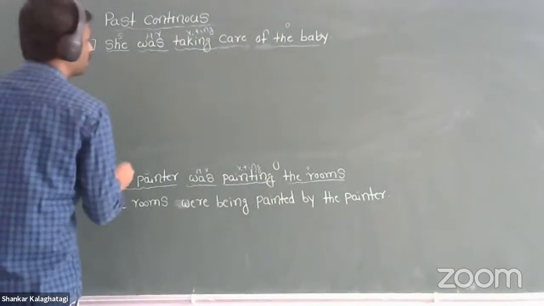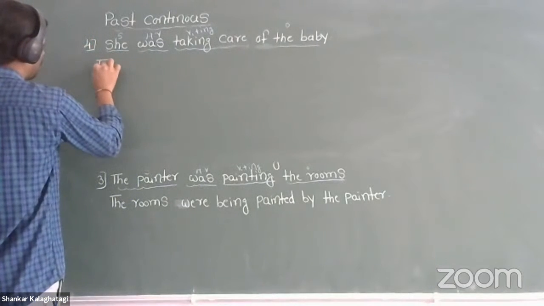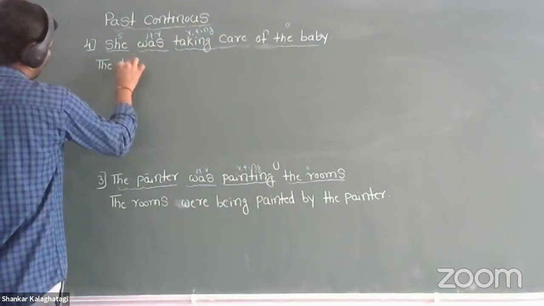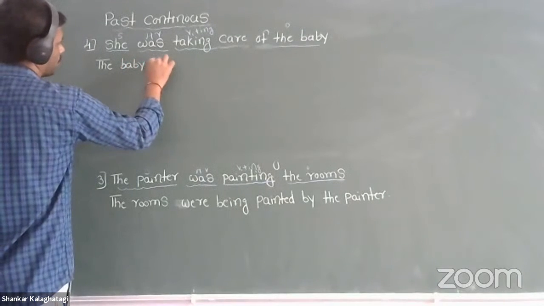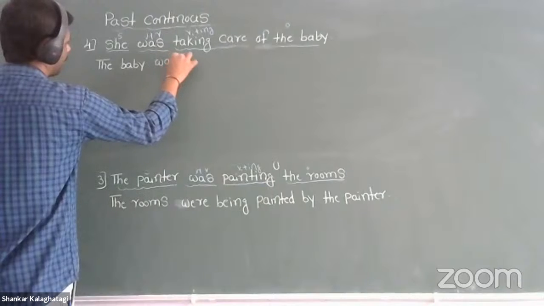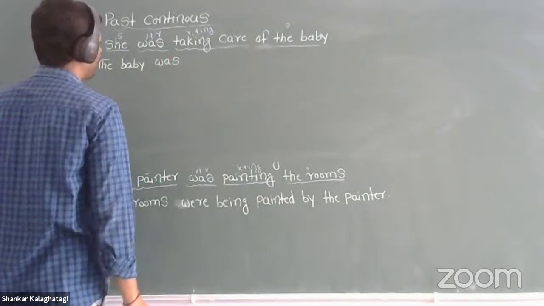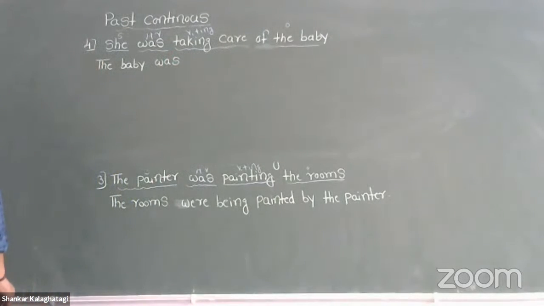Now first write the object, the baby. The baby was. The baby was being.